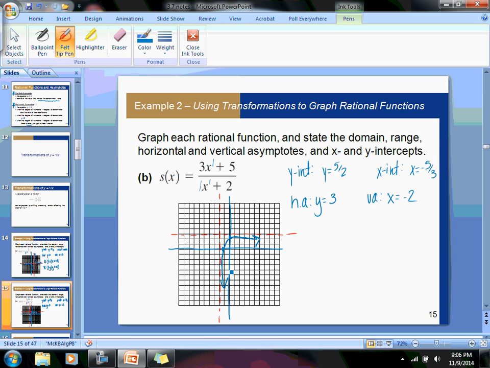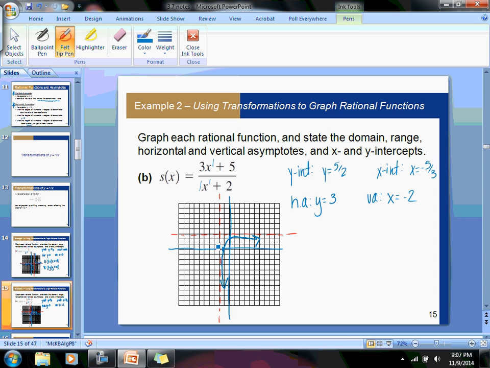And then I need to pick some values to the left of my vertical asymptote. So I would pick -3, -4, maybe -5. When I put a -3 in here, I get -9. So that's a -4 when I add the 5 over a -1. So that's going to be up here in this region because I get a positive value out.